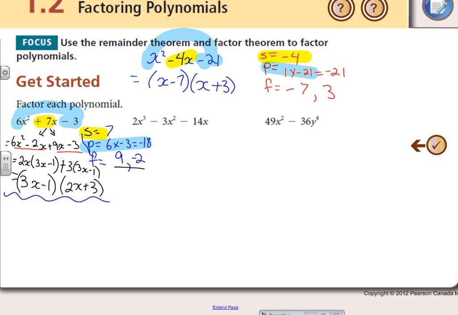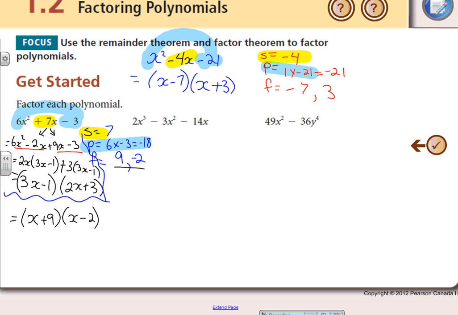Second method that you could use, you still got to do that sum product factoring. Got to start there. The second method that you can use is a shortcut method. x plus 9 and x minus 2. Doesn't matter which order you write them in.